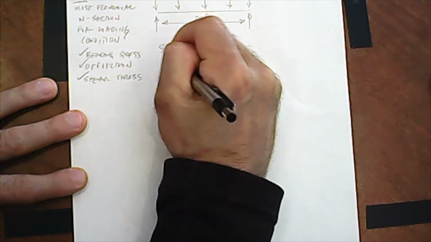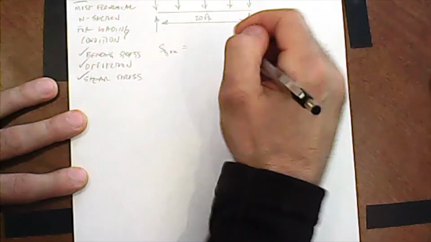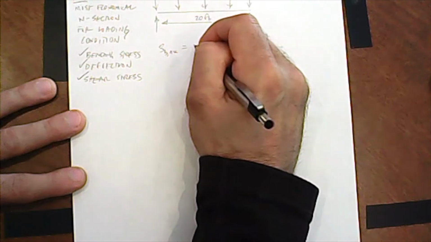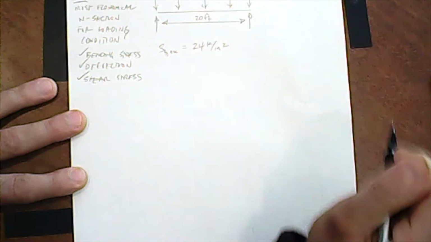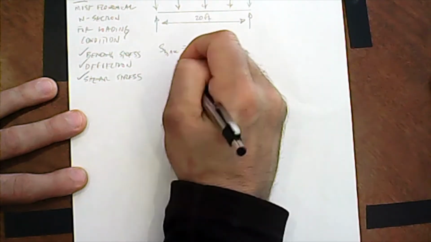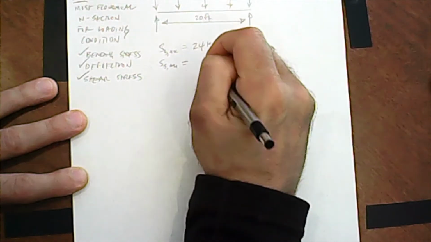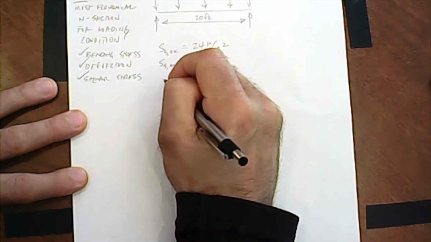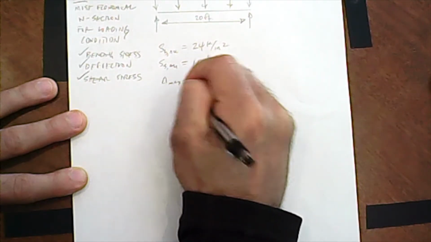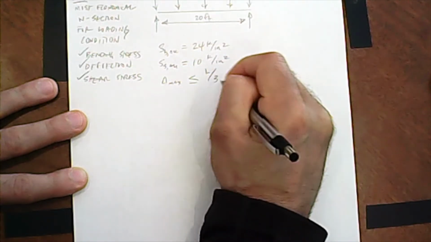I will provide this for you, but we'll say something like S_B allowable, and this is a material parameter. S_B allowable for whatever we're going to use is going to be 24 KSI. S sub S allowable, because these are kind of out of order, let's say that's 10 KSI, and let's say that delta max has to be less than or equal to L over 360.